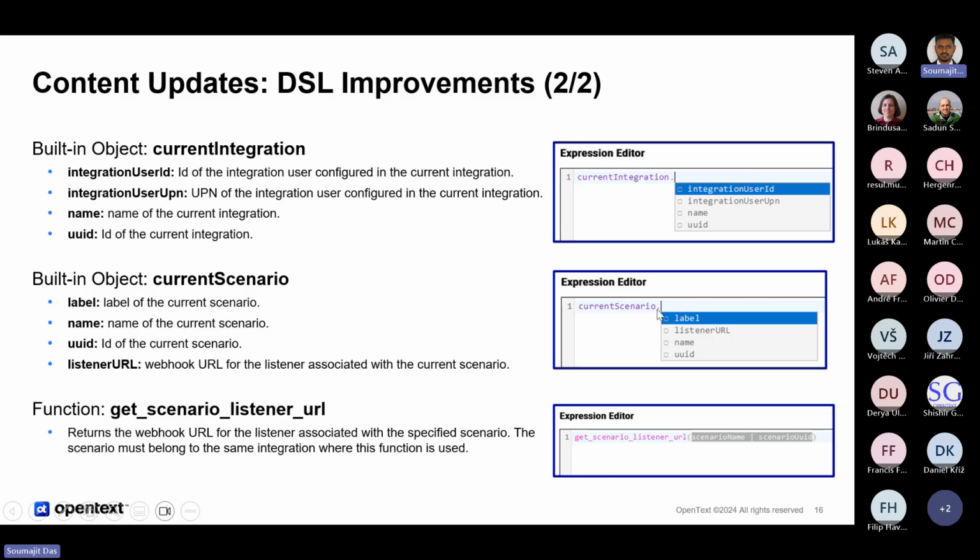Current scenario. So if there is something that you would want to do from the current scenario, you can pick up the listener URL from the current scenario programmatically. Get scenario listener URL. That's yet another that I was emphasizing. This is something that you would require while you do various integration setups.